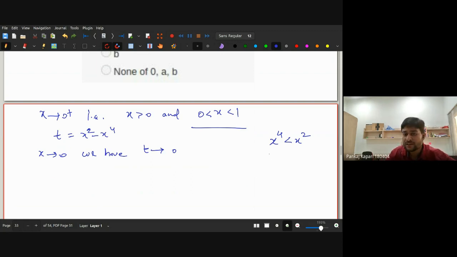That means that x square minus x to the power 4 becomes positive. So when x approaches from the right hand side, t also approaches from the right hand side.